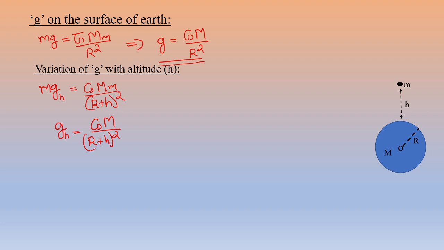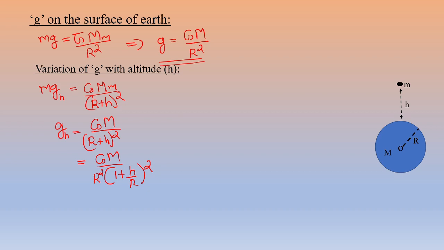So let us take the capital R from outside the bracket. Then we have capital G M divided by r square into 1 plus h by r whole square. Since r plus h whole square is there, when we take the r out of the bracket, we have to take it out as the square. So we take the r square.